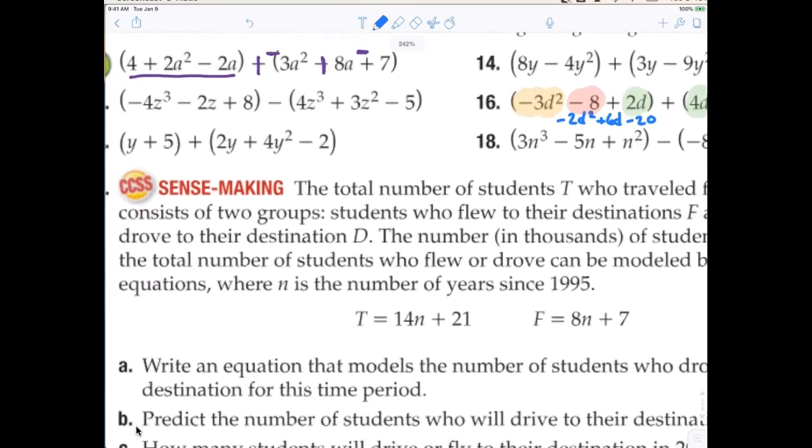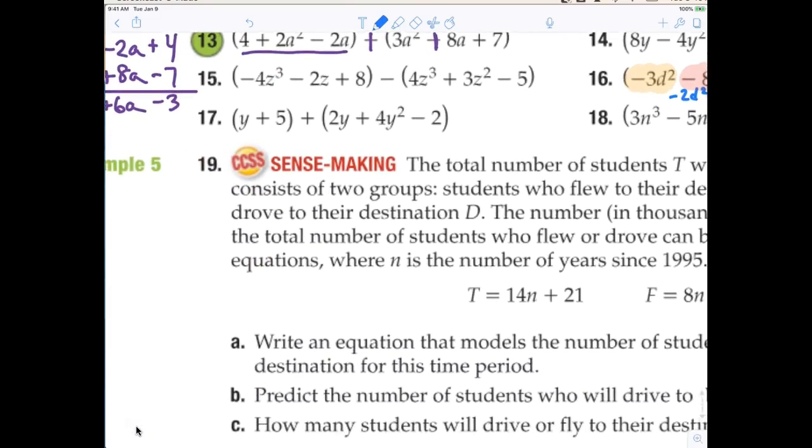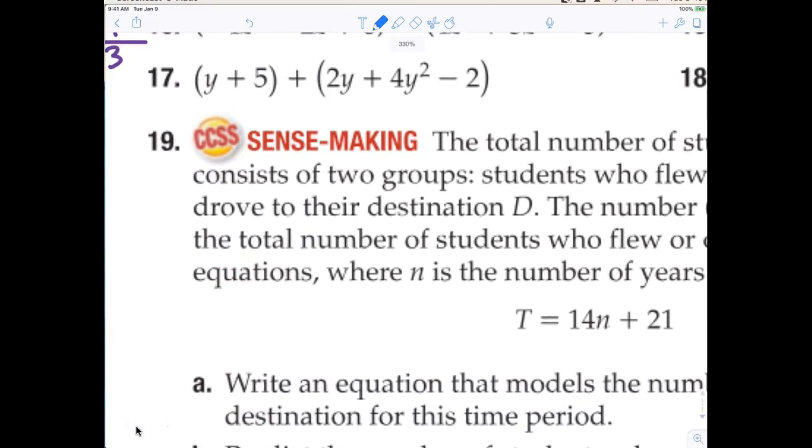All right, let's take a look at 17. 17 is an easy one too because it is addition. Okay, Leah, you're up. Tell me about 17. Perfect.